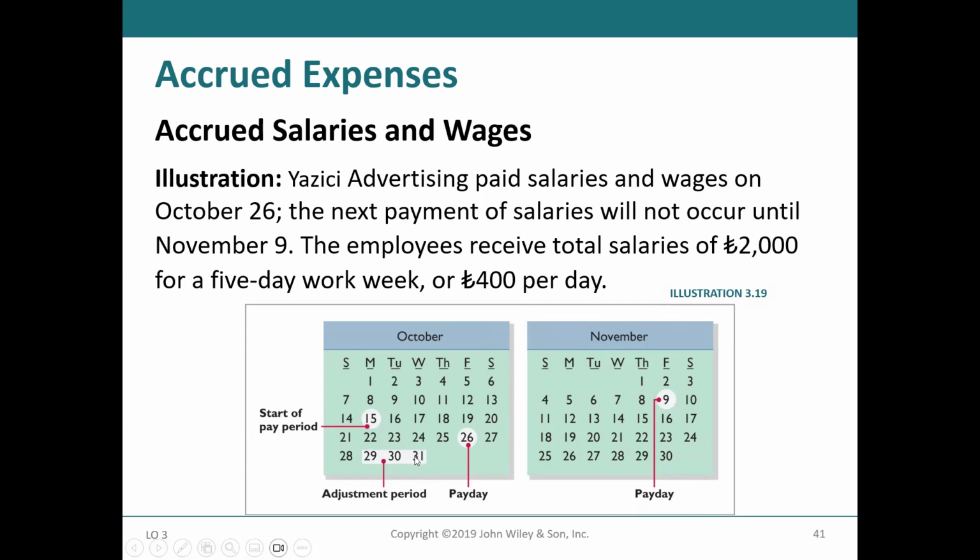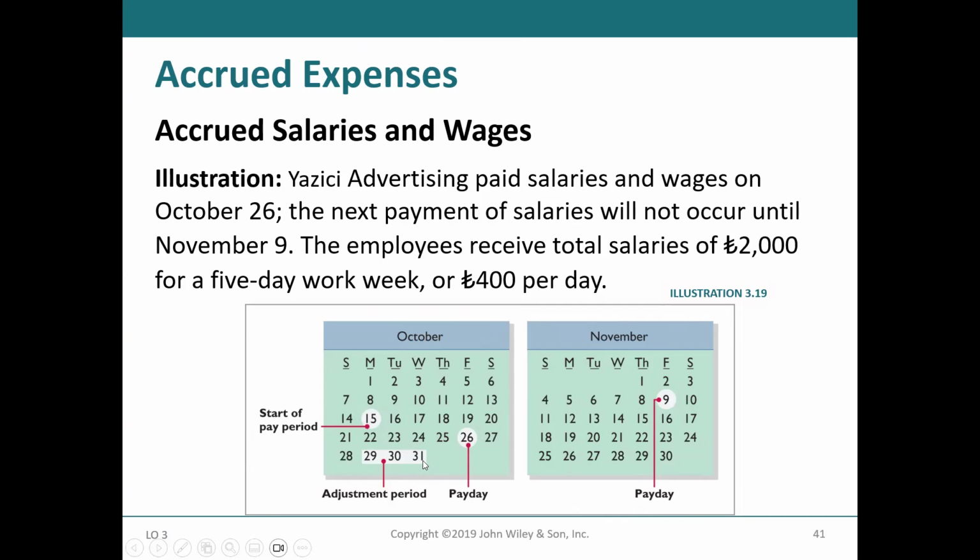So you can see that the last day we paid the employees was on the 26th, for the 2 weeks that they worked from the 15th: 15, 16, 17, 18, 19, then 22, 23, 24, 25, 26. Now we are at October 31.